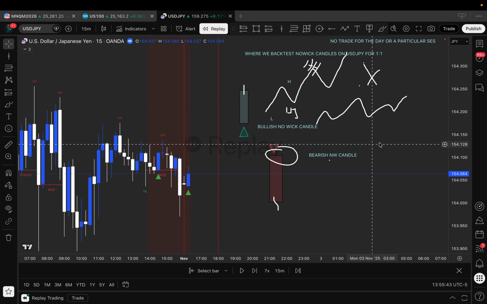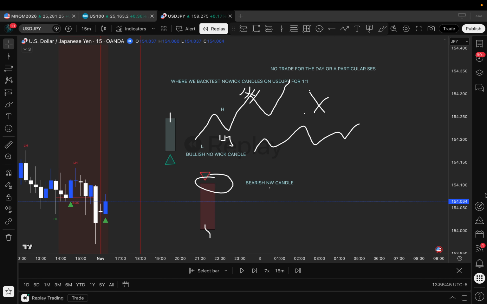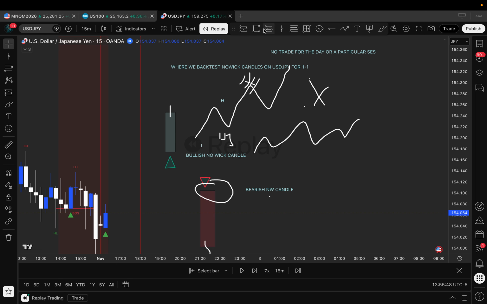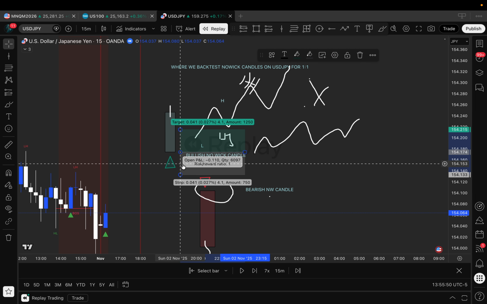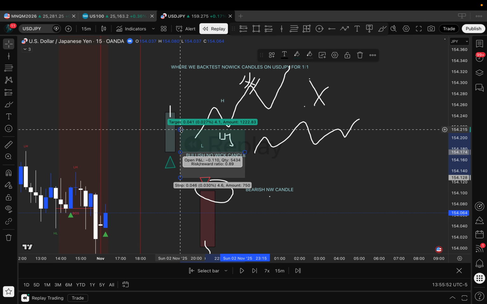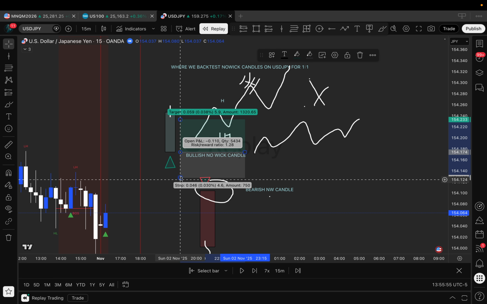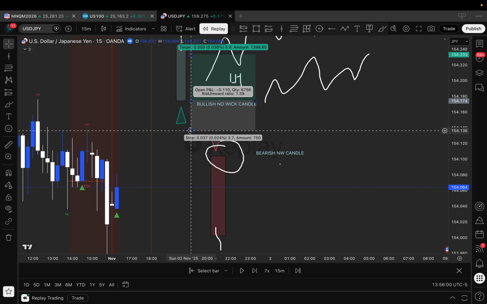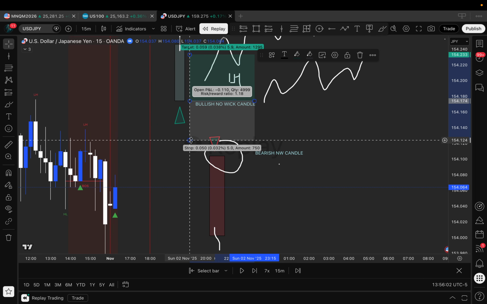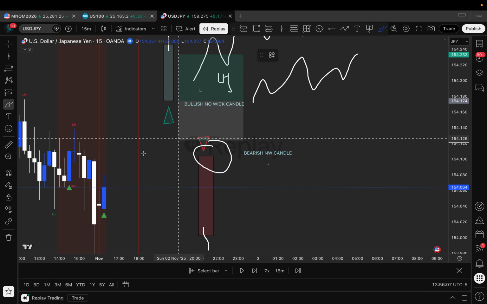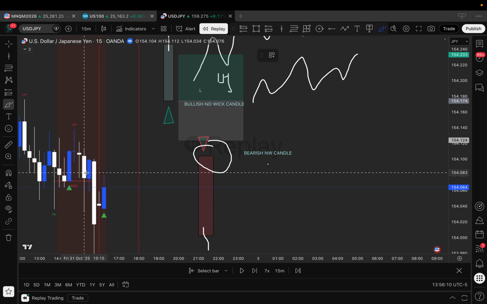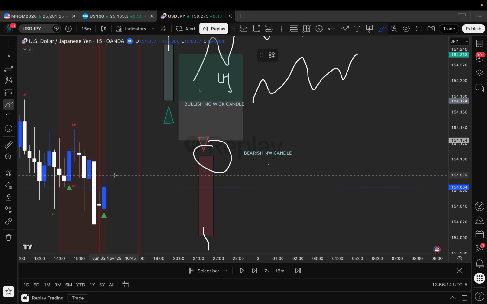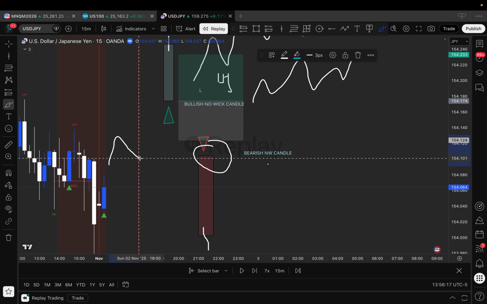What do we do here, and here, in both of them? We will be longing this candle, placing a limit order for a 1:1, given the stop loss you place is on the recent swing low. Assume this is the trend and it reverses from here.